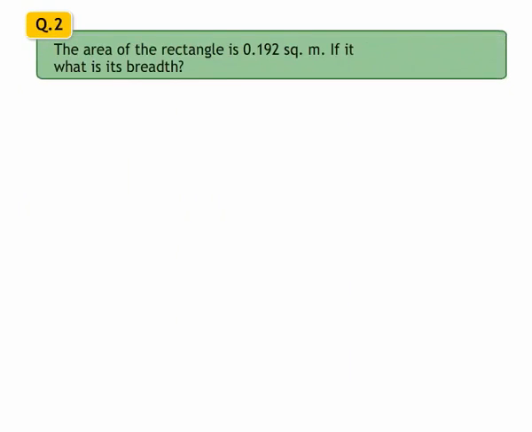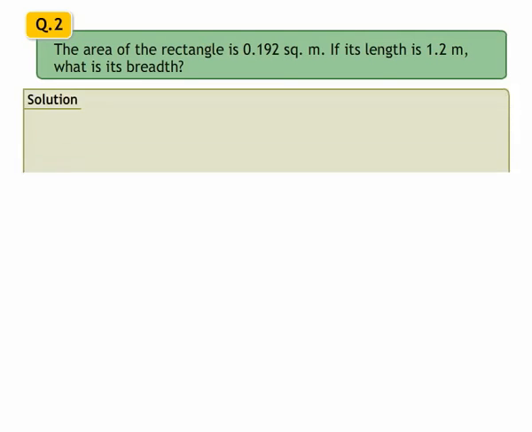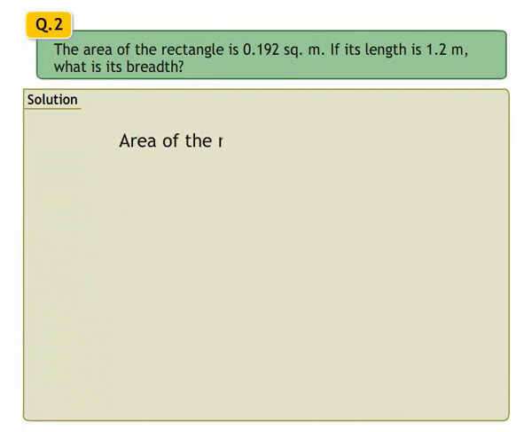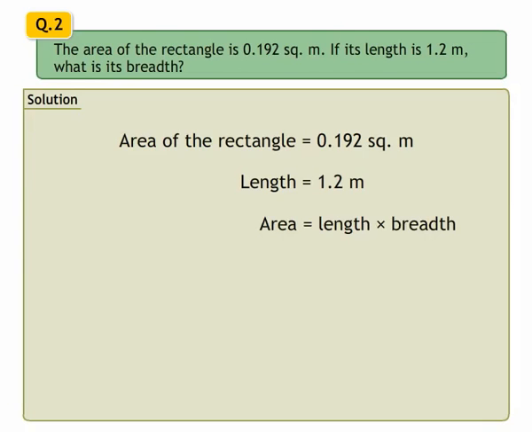2. The area of the rectangle is 0.192 square meters. If its length is 1.2 meters, what is its breadth? Solution. Area of the rectangle is 0.192 square meters. Length is 1.2 meters. Area is equal to length into breadth.